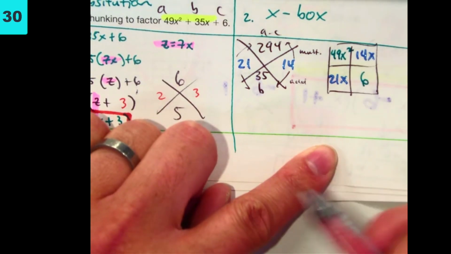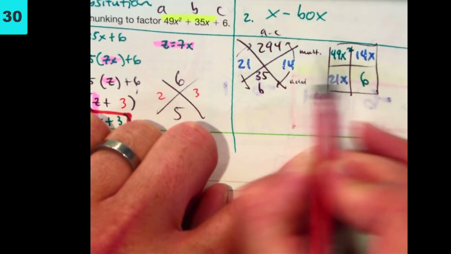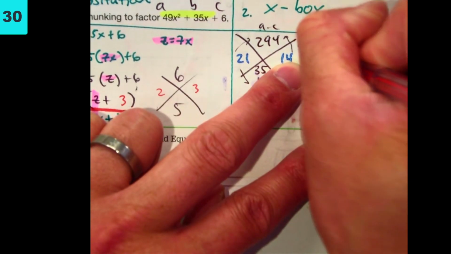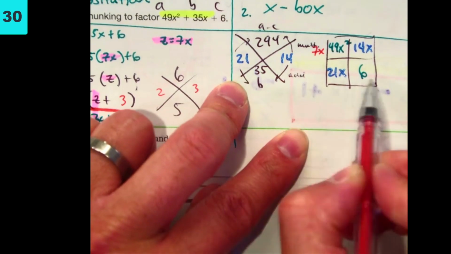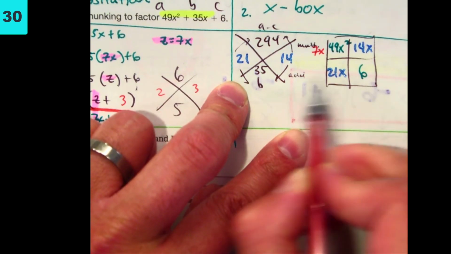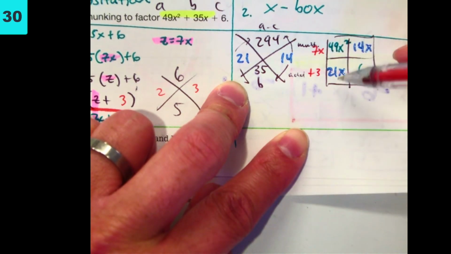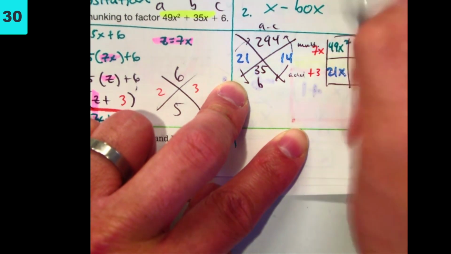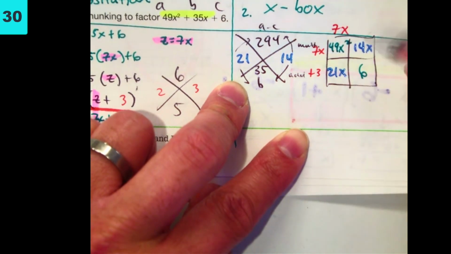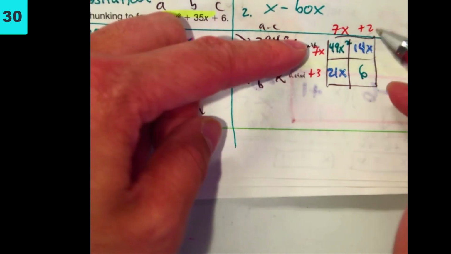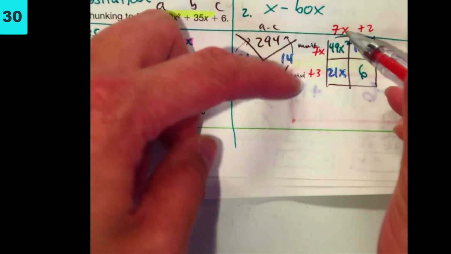How do you get the numbers outside the box? What's our greatest common factor here, class? 7x. Greatest common factor here? 3. Greatest common factor this direction? And you can always multiply to check. 7x times 7x is 49x squared. 2 times 7x is 14x. 7x times 3 is 21x. 2 times 3 is 6.